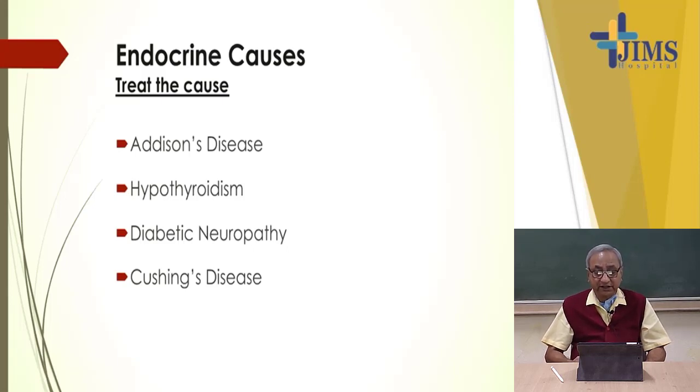What are the beta adrenergic receptor blockers which we use regularly as an antihypertensive? They can be cardioselective like atenolol, metoprolol, or non-selective like propranolol, nadolol. There can be alpha plus beta blockers like labetalol and carvedilol. These are all antihypertensive agents which are used by the physicians.